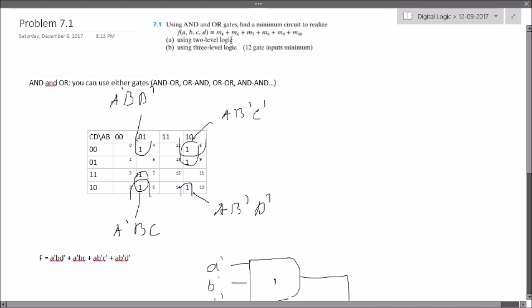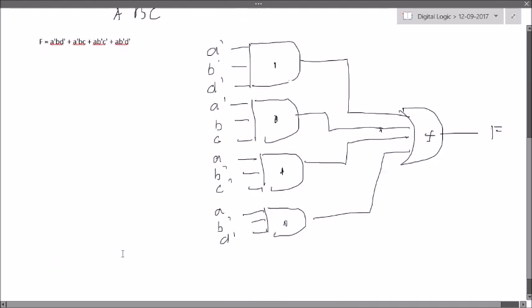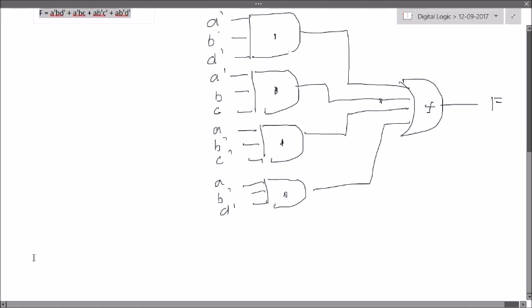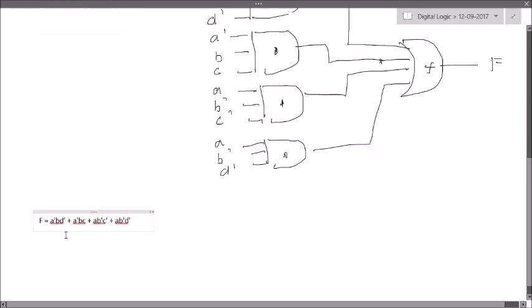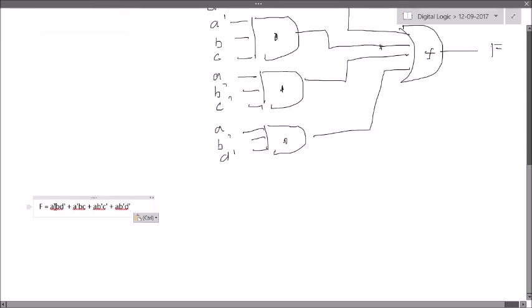So how would we make this into a three-level logic? It's pretty simple. All we need to do is factor this. Right now we have a two-level circuit, so we only need to factor it to get a three-level circuit. So let's see, we can factor A prime, right?